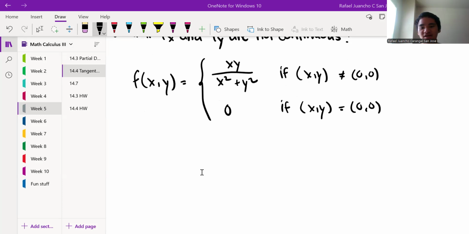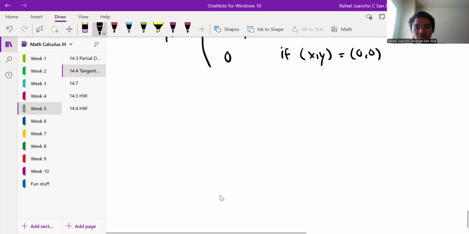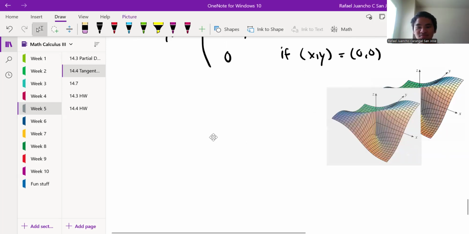So you can verify that its partial derivatives exist at the origin. Let me do the picture. Here's a picture of what the surface might look like if we were to graph it out. It would look something like this.